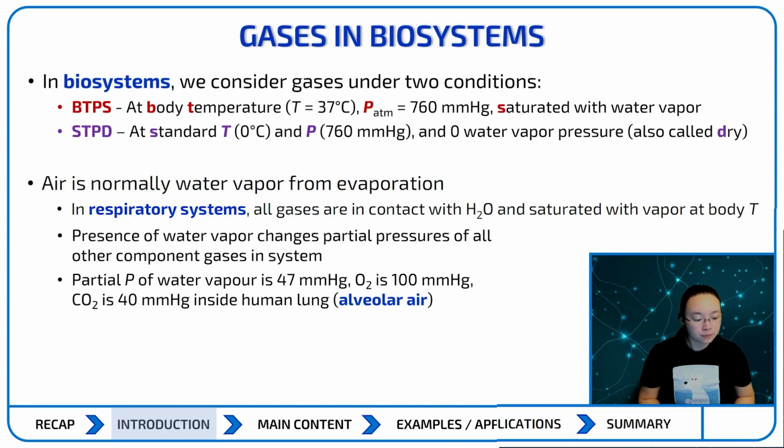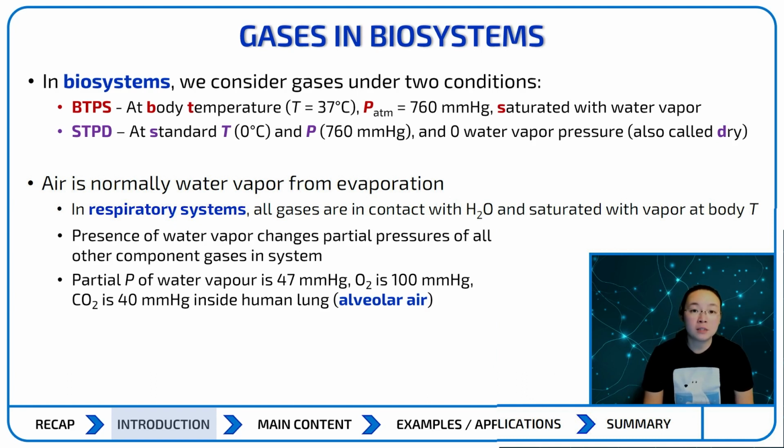Okay, so moving on, we do talk about saturated vapor pressure inside our bodies as SVP-H2O. So it's a good time to now start looking at what kind of gases and conditions we look at in biosystems. We usually consider gases under two conditions. One is BTPS, which is body temperature, pressure, and it's saturated with water vapor. So that's why we present the SVP.